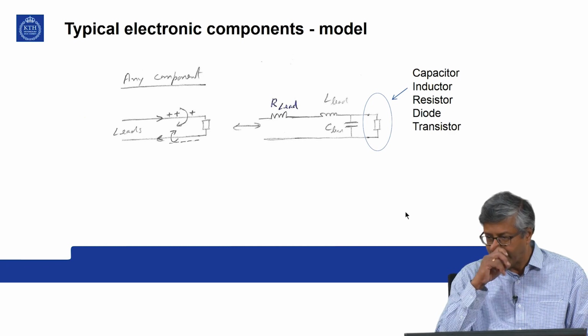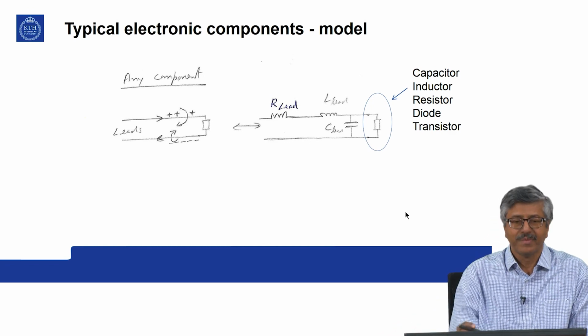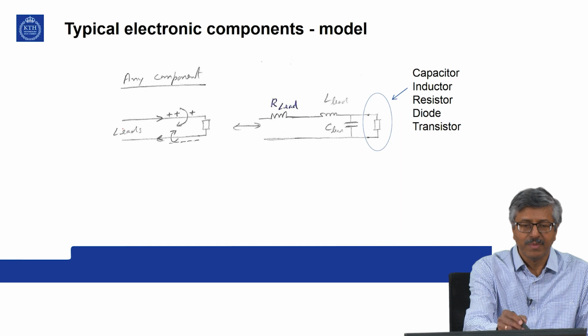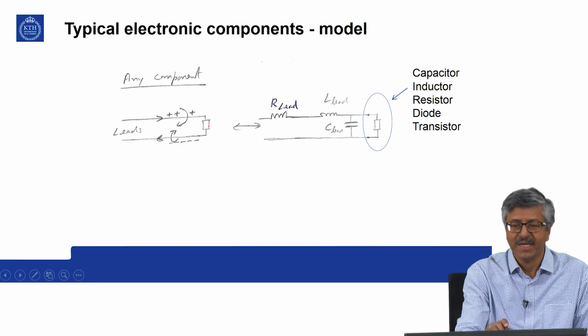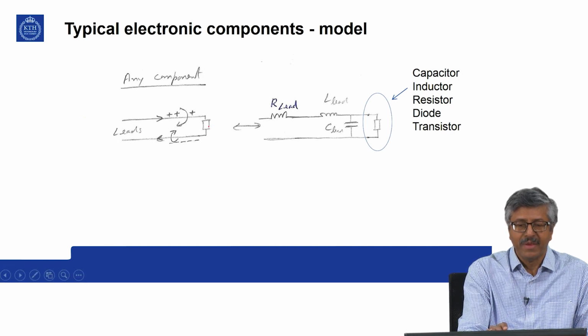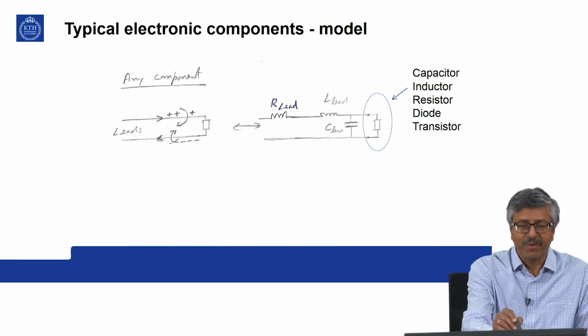Now, take any component. Usually this component will have some lead which is in the form of a small round wire connected to the component. Then the moment you have conductors, we have seen in the previous module that it has some electric field around it, some magnetic field around it.